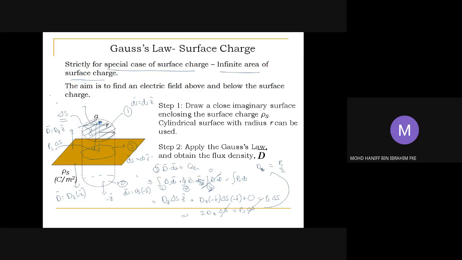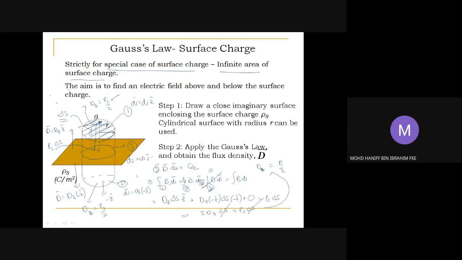Okay, so I can write here that the Dz calculated here should be equal to rho s over 2, and the Dz calculated down here should be similar, which is rho s divided by 2. That should be the magnitude of the flux density measured on surface number 1 and surface number 2. From our discussion before, the flux density will be Dz in the z direction or negative z direction, depending on the location of your point.